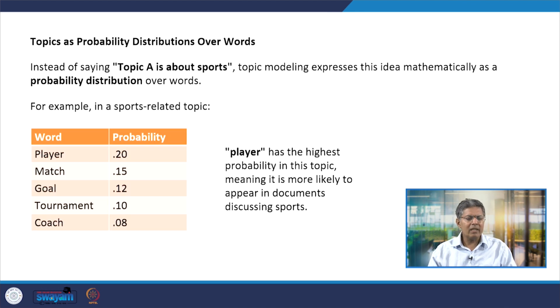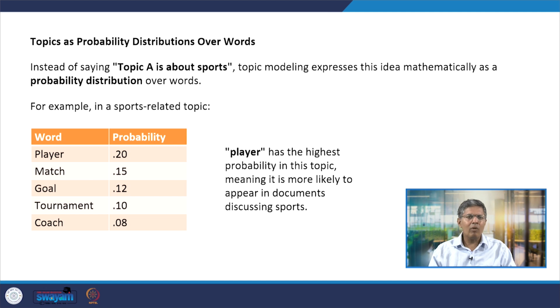Okay. Topic as probability distribution over words. Now, instead of saying topic A is about sports, topic modeling expresses this idea mathematically. How? As a probability distribution over words. Now, for example, in a sports related topic, you see the words player, match, goal, tournament, and coach.